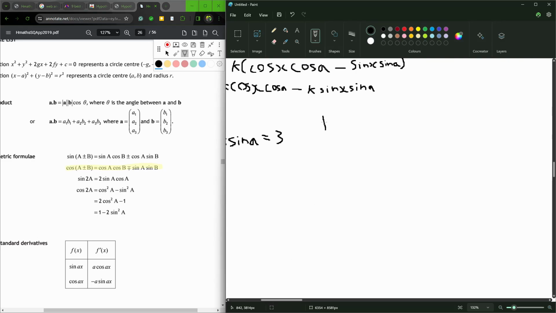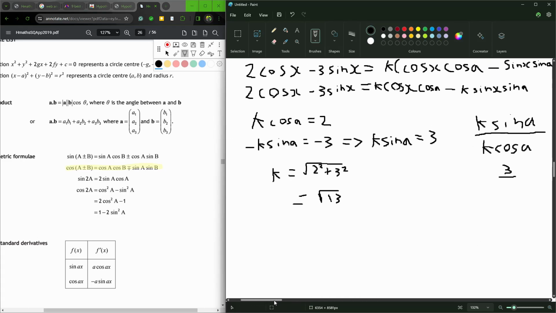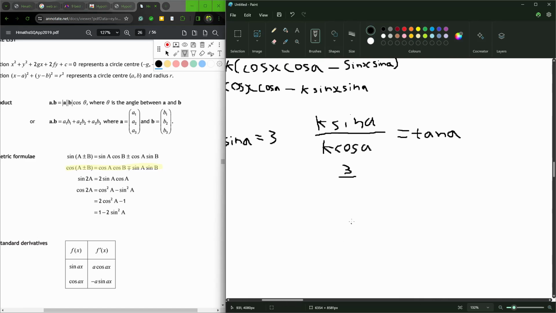So I can go K sin A over K cos A equals tan A, which means 3 over 2 equals tan A.